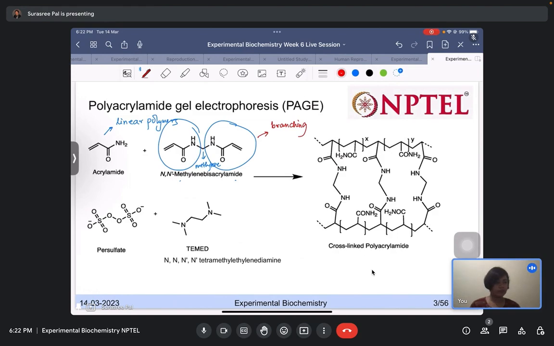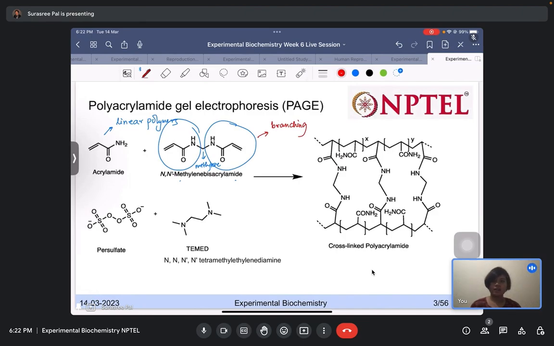If only acrylamide is added and no bisacrylamide is added, then the polymer will be only a linear polymer and it will not form pores, which are needed for the migration of our molecules of interest, be it DNA or protein.